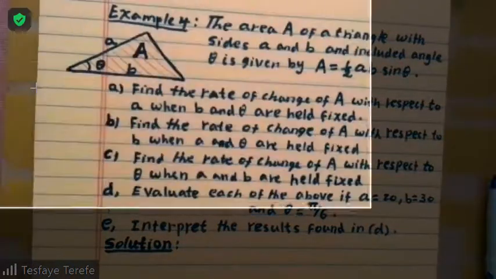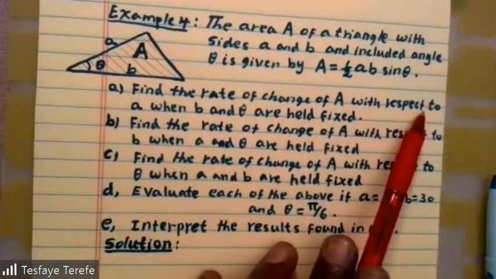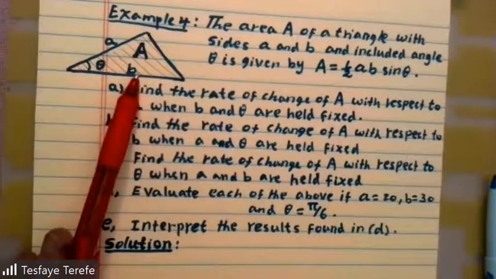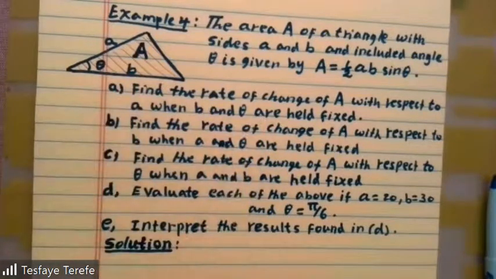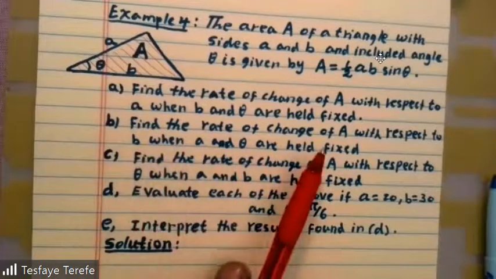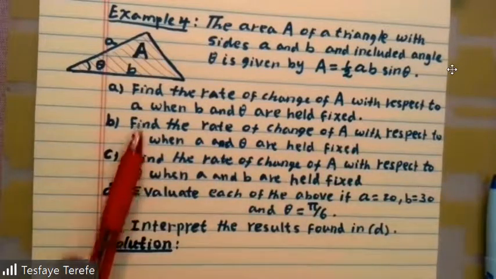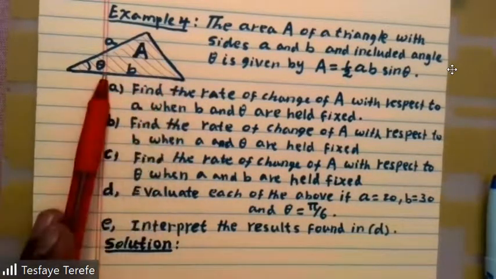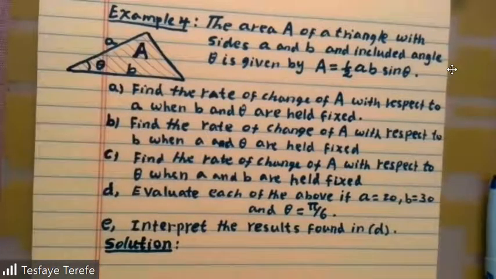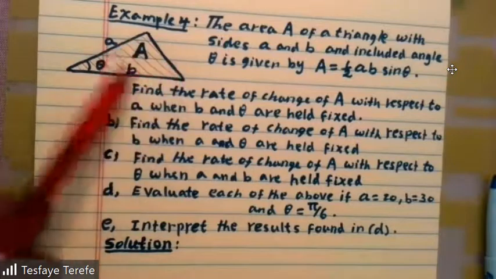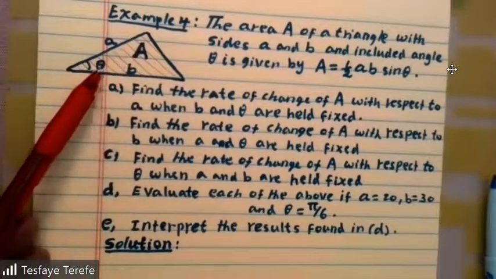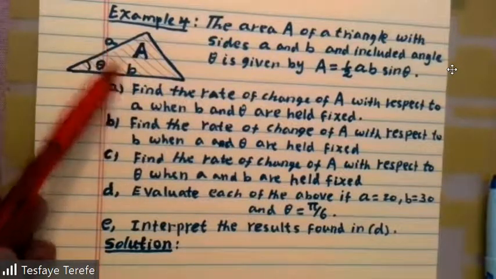So I want to find the rate of change of the area with respect to a when b and theta are fixed. Secondly, find the rate of change of the area with respect to b when theta and a are fixed. And finally, find the rate of change of the area with respect to theta by holding the sides a and b fixed.